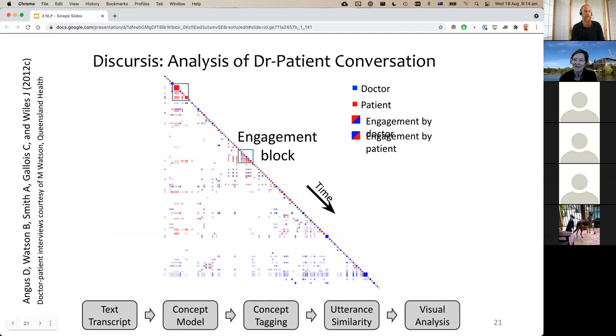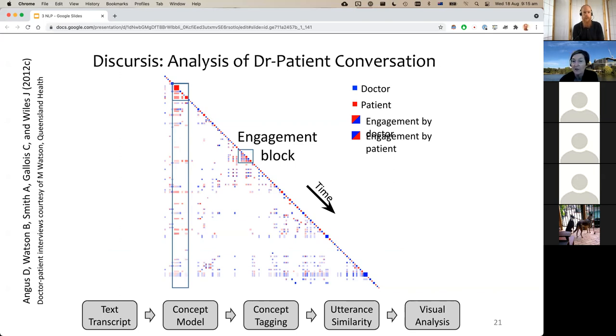Yes. So starting with engagement blocks. If in a short period of time there's a lot of intense activity, people are talking about the same thing, then you'll get these small blocks that are densely colored. Okay, next. And the question is, does that give rise to further issues within the conversation?